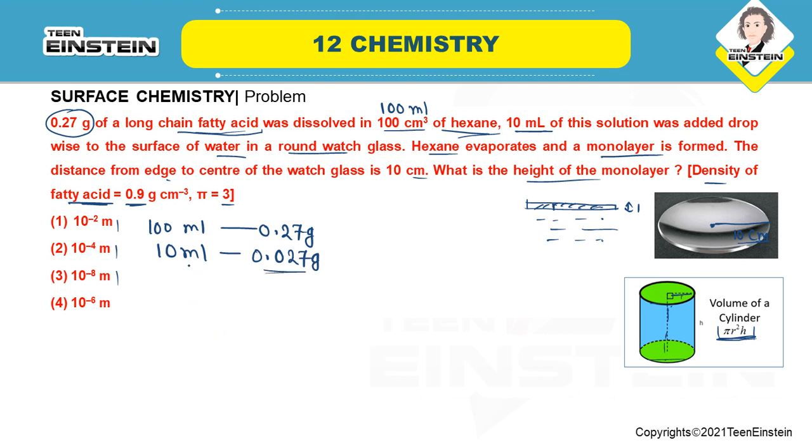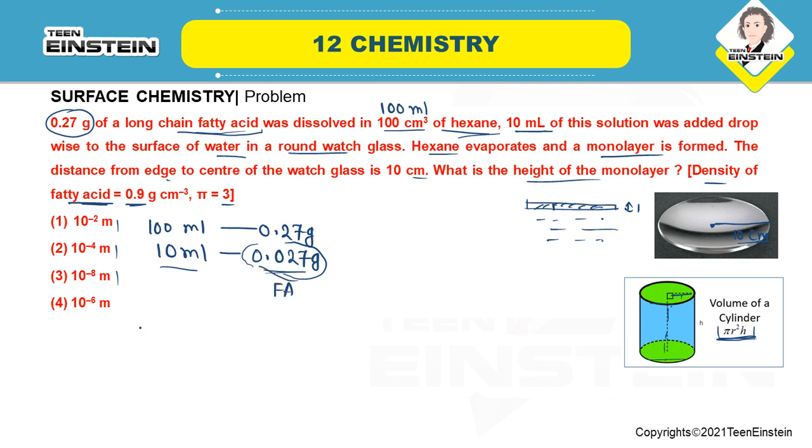But in this solution there is the presence of both fatty acid as well as hexane. So we cannot say this is the volume of fatty acid; this is the volume of fatty acid plus hexane. But we know the mass of the acid. So this is the mass of the fatty acid.